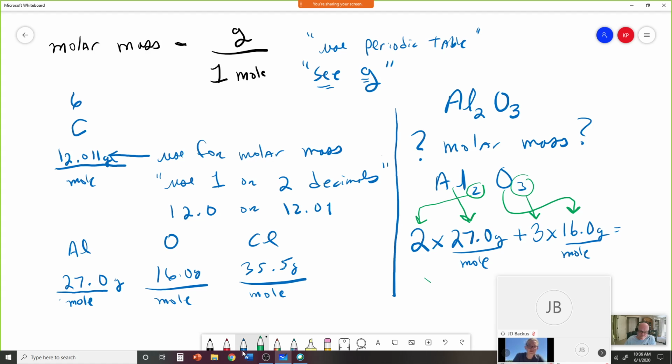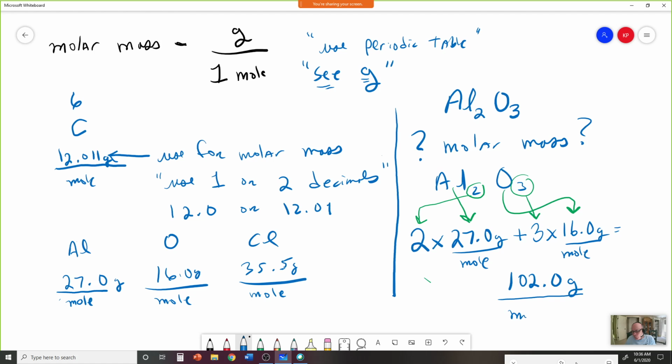Now, once you add all these up, what do you get? You get 102.0 grams. We're not going to just say grams per mole, which is what it is. We're actually going to say grams aluminum oxide for every mole aluminum oxide. It is important to tag these.